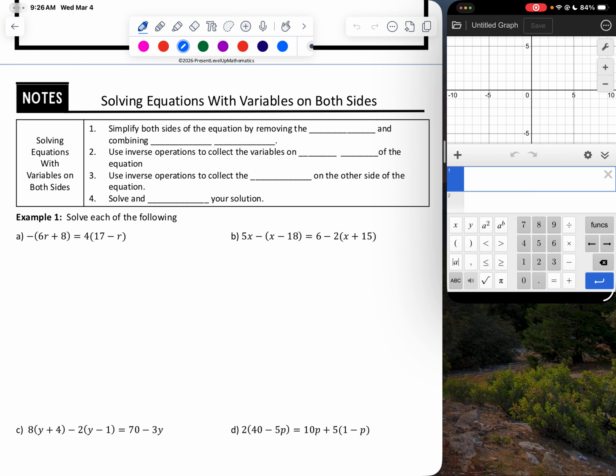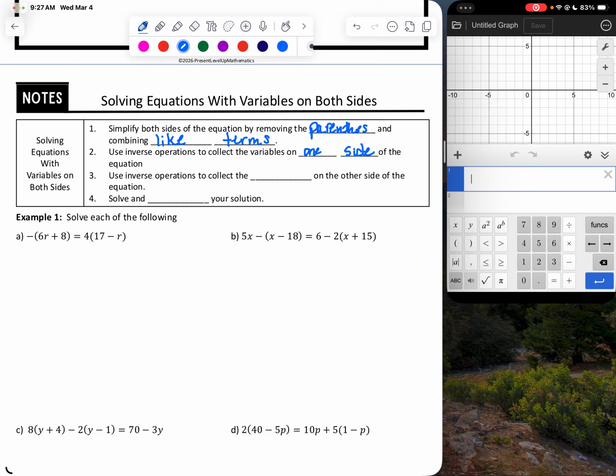So in step one, you want to simplify both sides of the equation by removing all parentheses and combining all like terms. Then you're going to use inverse operations to collect all the variables on one side of the equation.